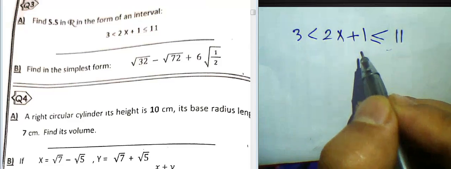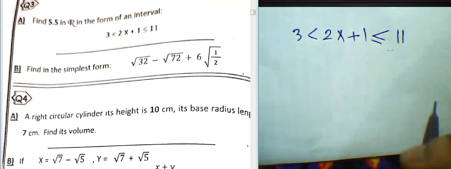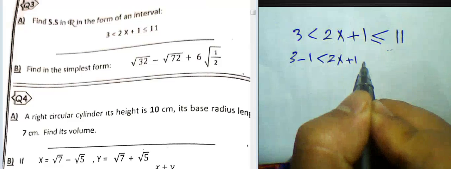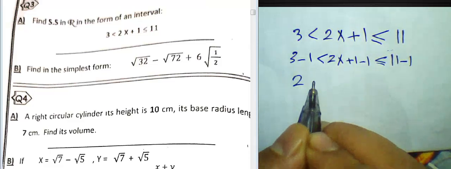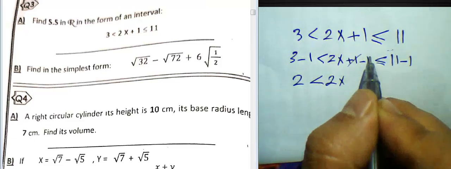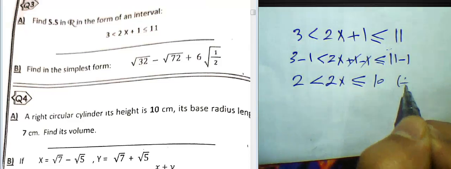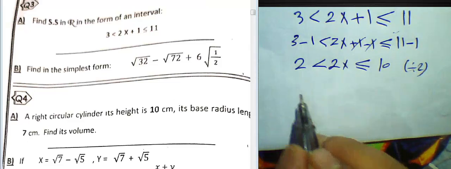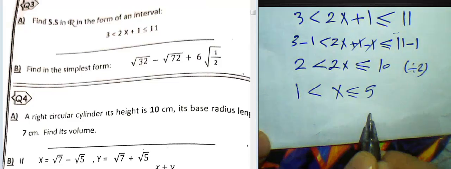First, we can cancel 1 here by adding negative 1 to all sides. 3 minus 1 less than 2x plus 1 minus 1 less than or equal to 11 minus 1. 3 minus 1 equals 2 less than 2x, because 1 minus 1 equals 0, less than or equal to 11 minus 1 equals 10, and then we can divide the whole thing by 2. 2 divided by 2 is 1, less than x less than or equal to 5.